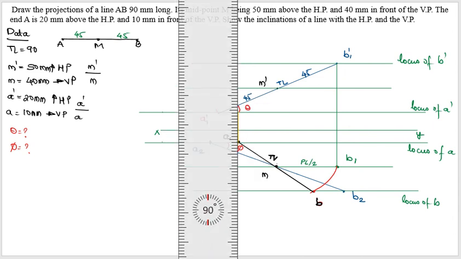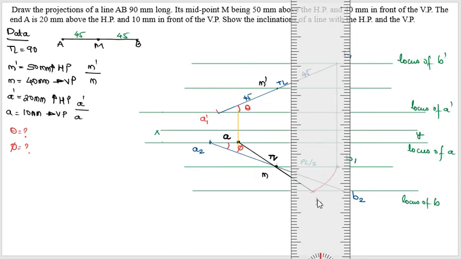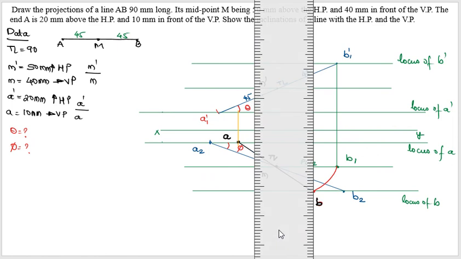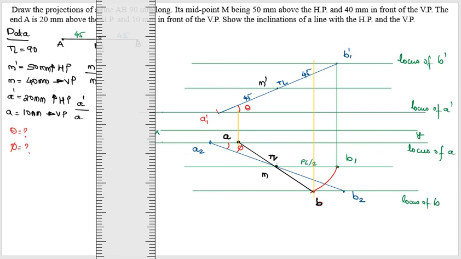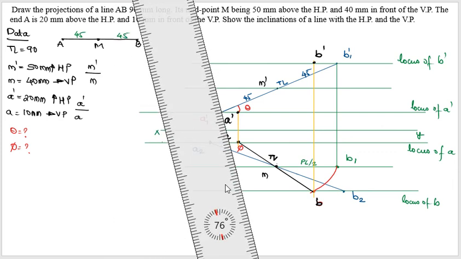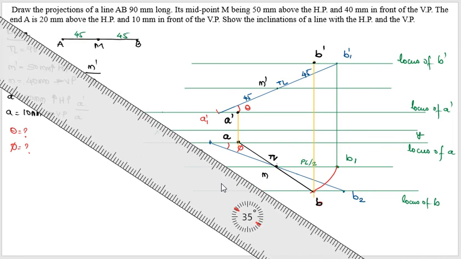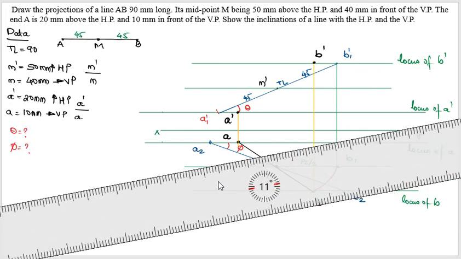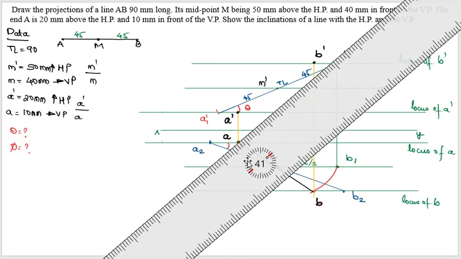Wherever it cuts the locus of A dash, there you will get a point, and wherever it cuts the locus of B dash, there you will get a point. If I connect these 2 points, this is my point B dash, and here you will get point A dash. If you connect these 2 points, it should pass through point M dash. If you draw it accurately, then it has to pass through that point.